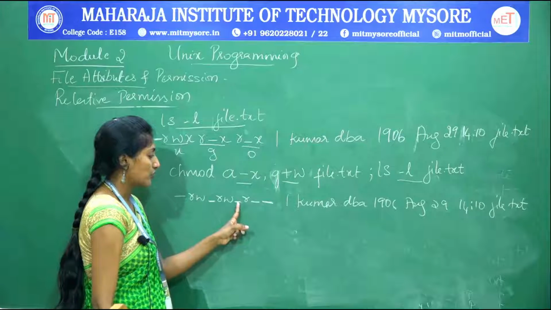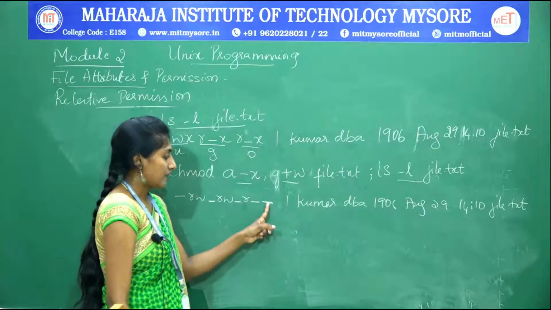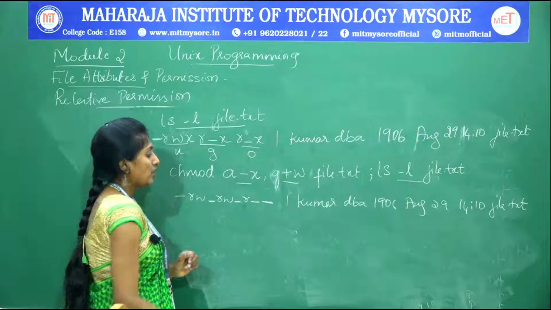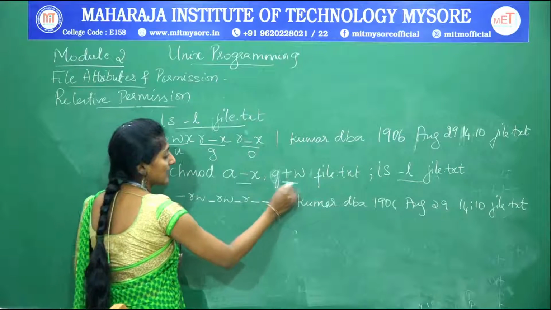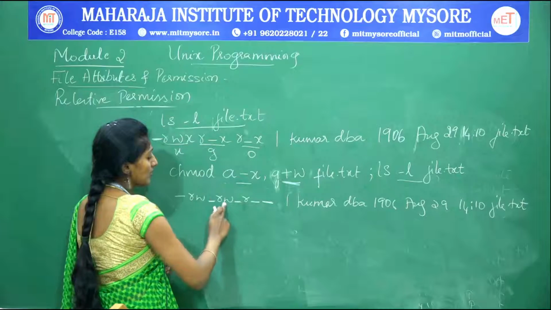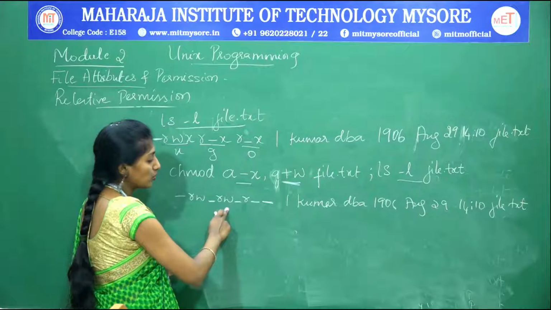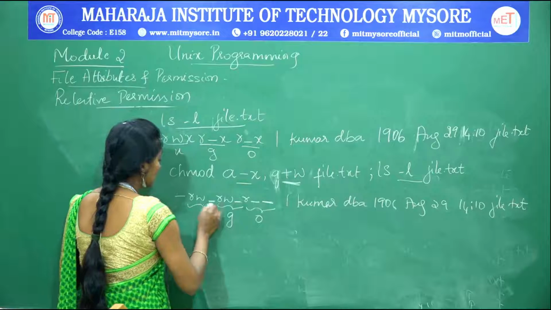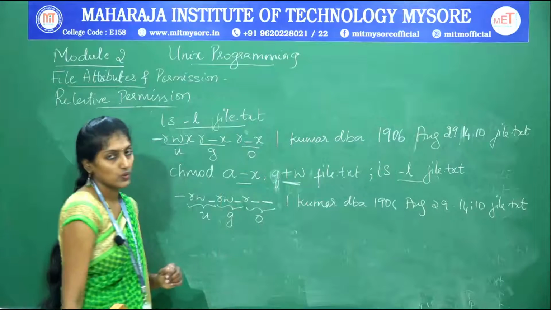Hyphen for user, group also hyphen, for others also hyphen in the place of execute permission. And as you can see, I have assigned write permission for group. Before it was absent, now it is present in the group. So these three bits represent group, this others, and this represents user or the owner.